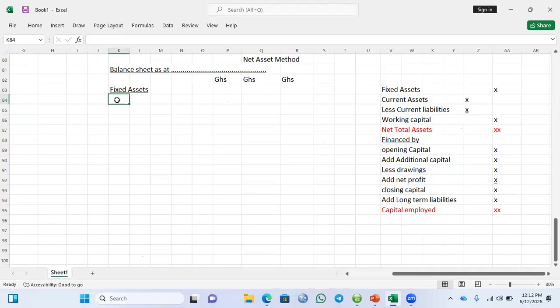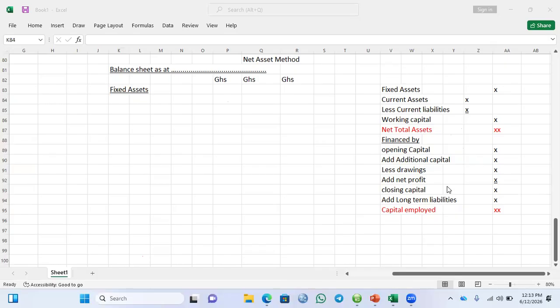So professors, can you give me examples of the fixed assets you know? Any fixed asset you know? Yes, Gabriel. Sir, please, furniture. Yes, furniture is one of them. Thank you. Yes, what else? Let me call Prof. Christabel.